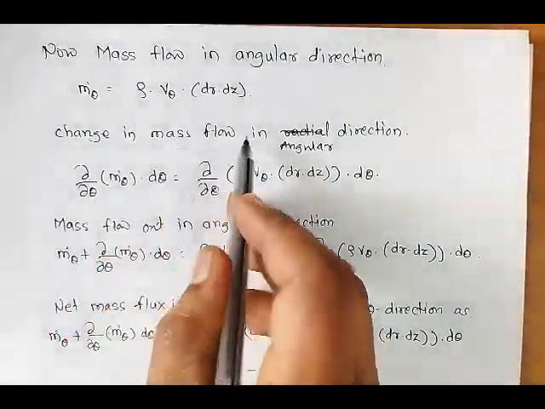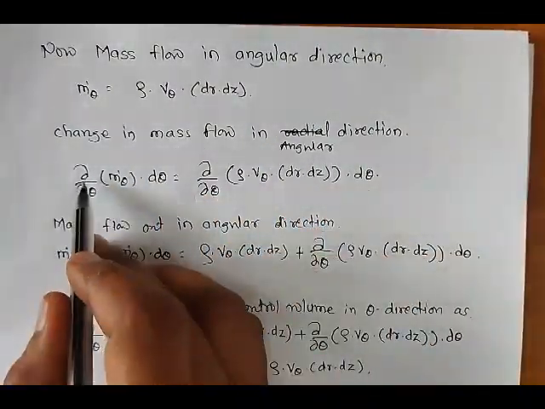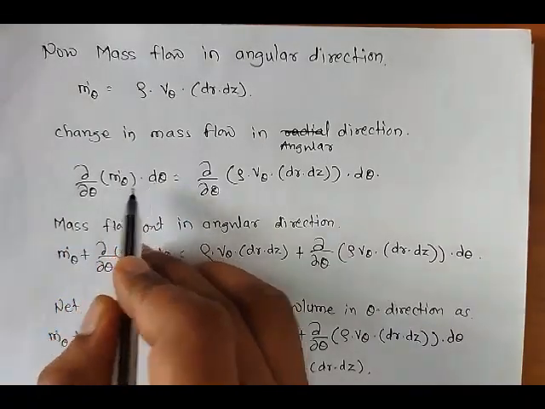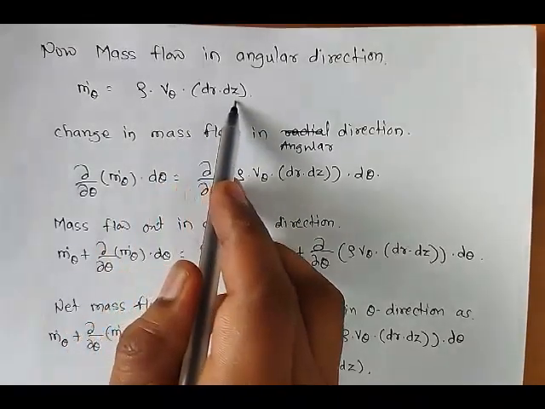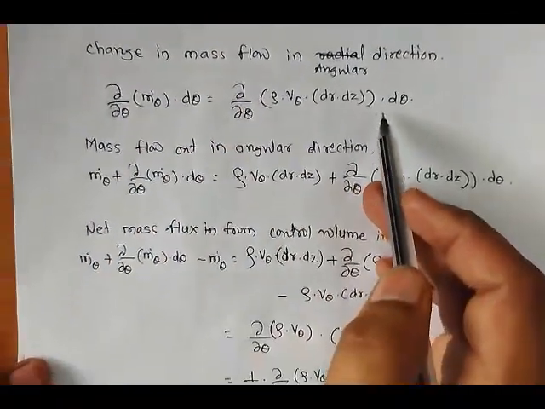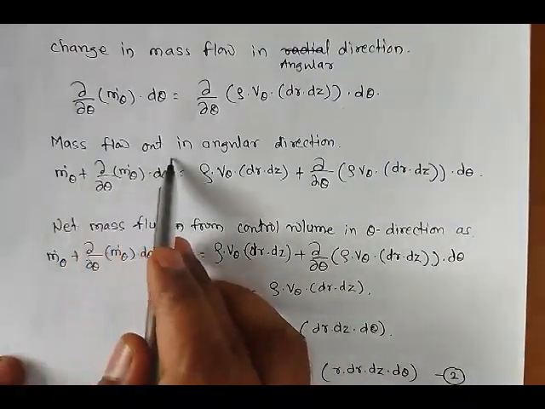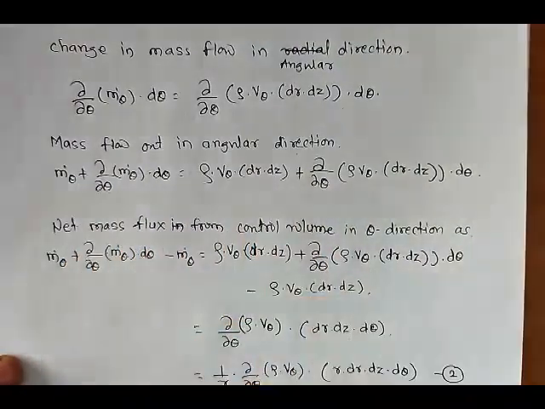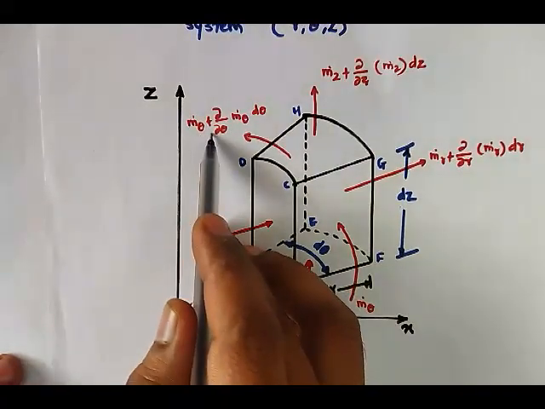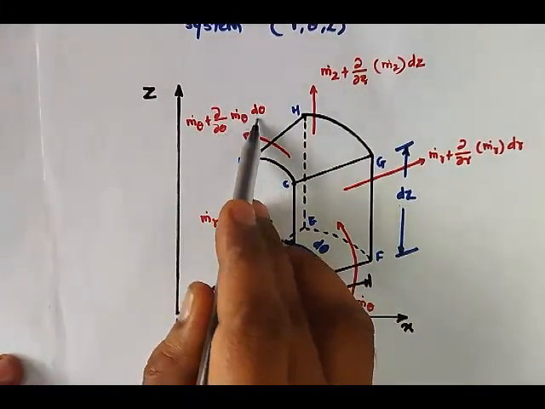Now the change in mass flow in the angular direction is ∂/∂theta multiplied with m dot theta multiplied with d theta. In this we have just substituted the value of m dot theta. Okay. So now next, mass flow out in the angular direction. We have already substituted m dot theta in the diagram: m dot theta plus ∂/∂theta of m dot theta times d theta.